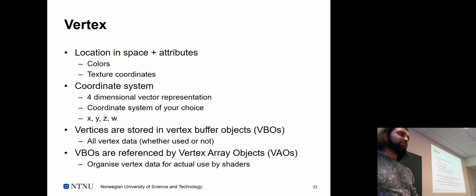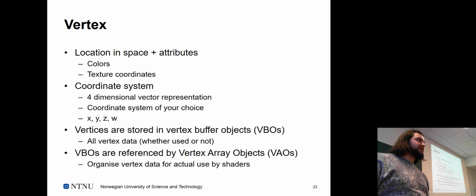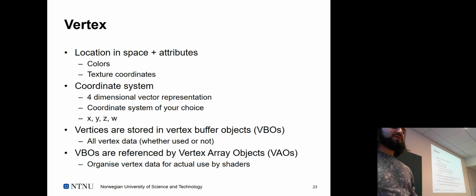And any idea, if we have 3D space, why do we need 4 coordinates? To allow for transformation with matrices. Yeah. Do you need the 4th coordinate to do translations? Yeah, exactly. So the 4th coordinate enables simpler and smoother matrix manipulations, and it's called a homogeneous coordinate.